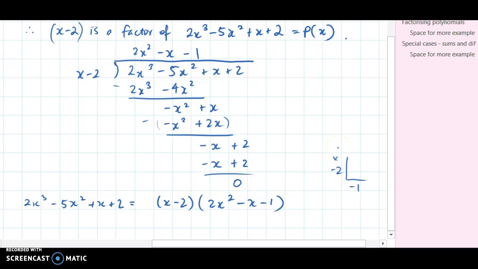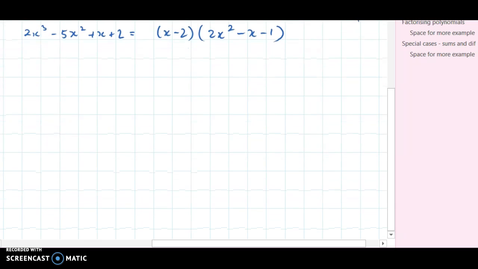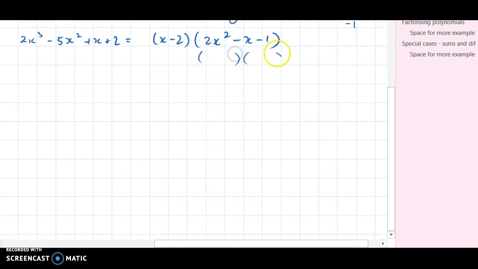So from here, we can use the quadratic formula, where we're trying to find the two factors of this, as in we're trying to split this into another two brackets. So if we use the quadratic formula, we have minus b, or some of you might be thinking we can use complete the square.